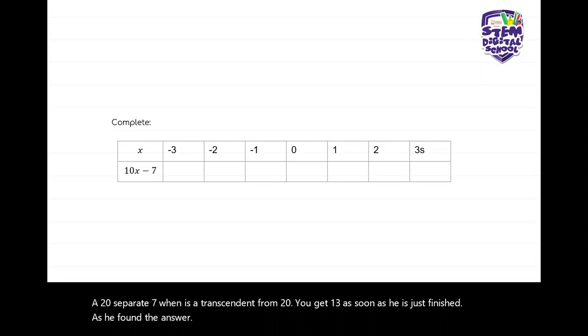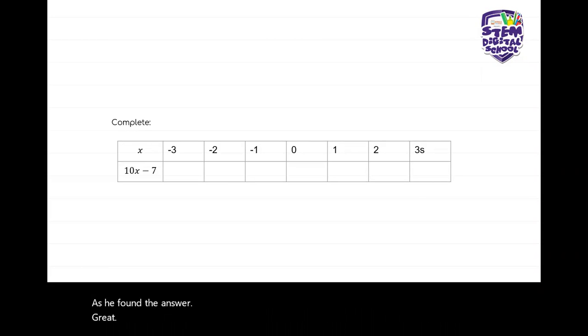Great. And the last one when x is 3. This is the last one now. What will be the value of y if x is 3? I see Becky Temba was the first to find 23. So 23 is the correct answer there.